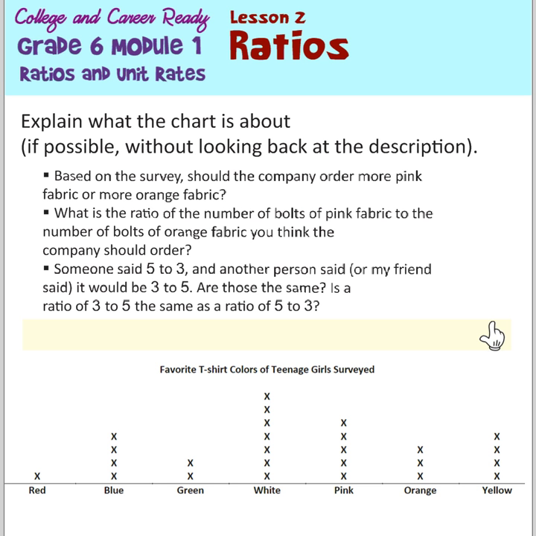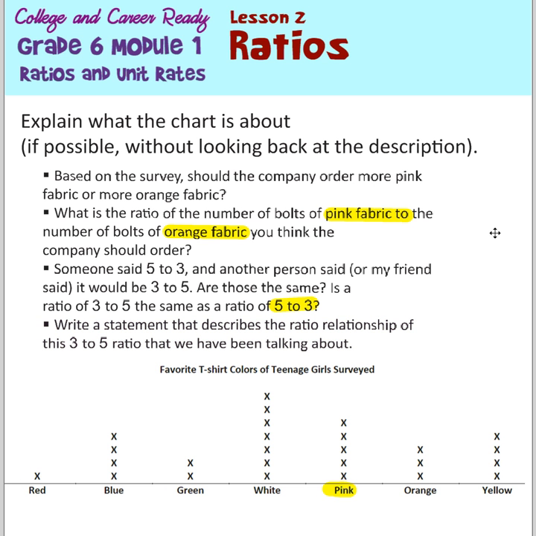I'm going to answer that one in case you're confused. The question said pink fabric to orange fabric. So we need to put pink first. So it needs to be 5 to 3. The last question here for our check for understanding is to write the statement that describes the ratio relationship.